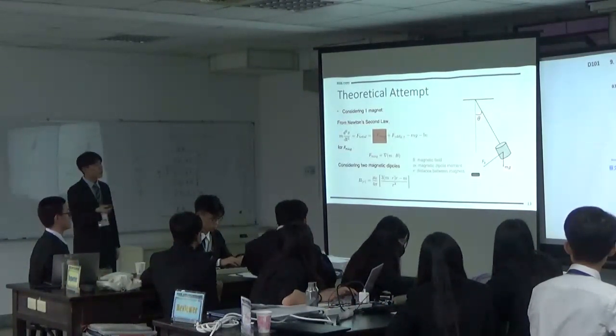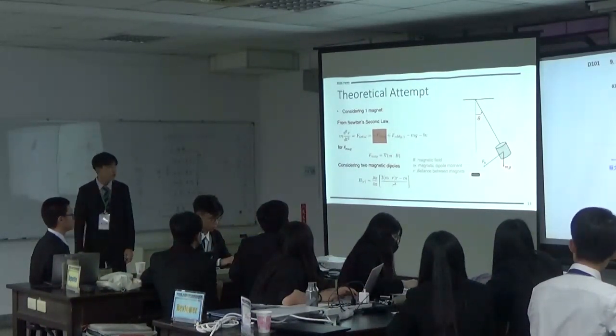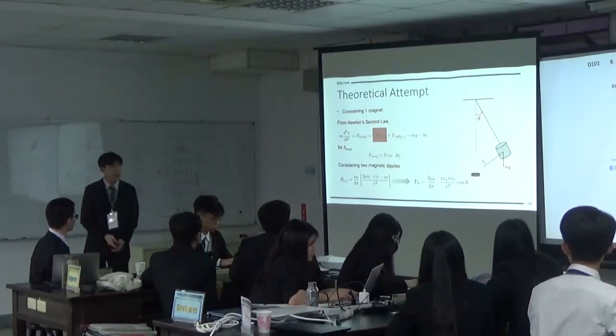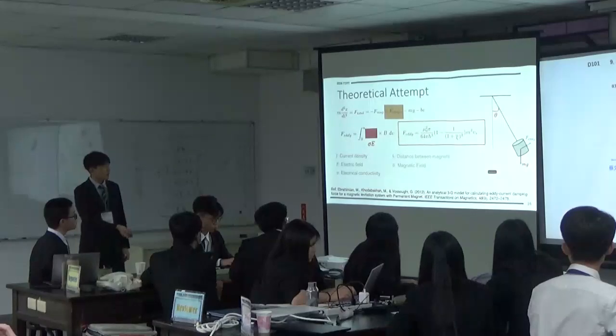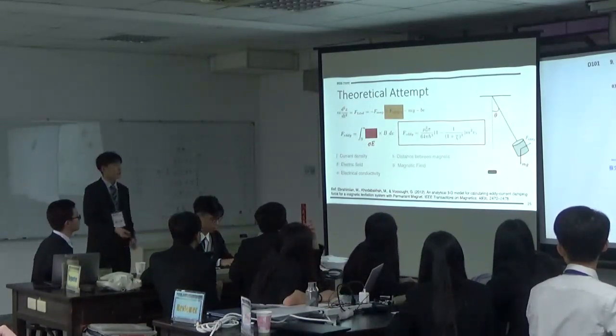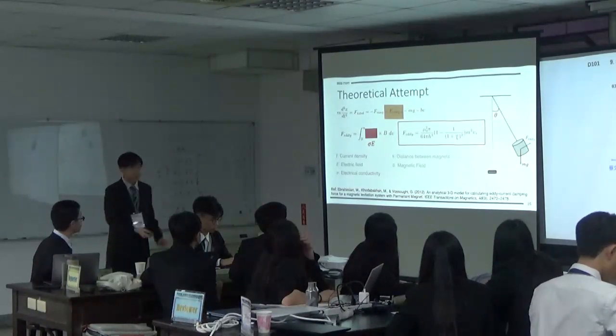Okay, so first for the magnetic force, I consider them to be two magnetic dipoles, and so we can calculate the magnetic force like this. As for the eddy current force, we just consider the electric field and the conductivity of the magnet.